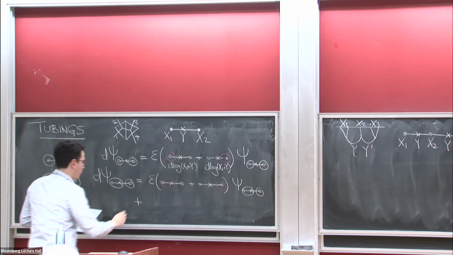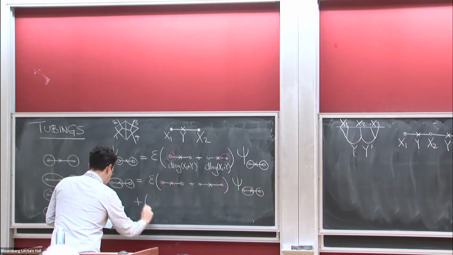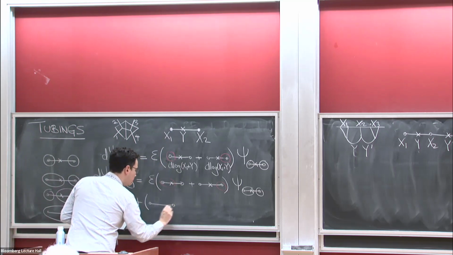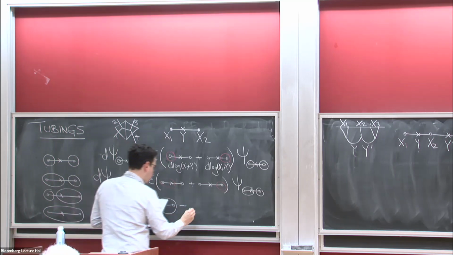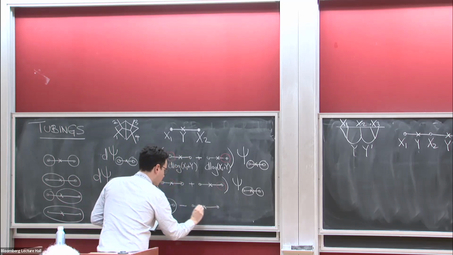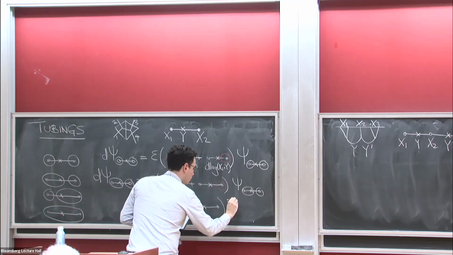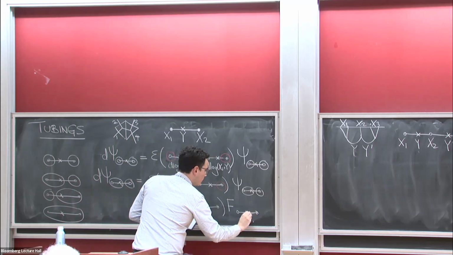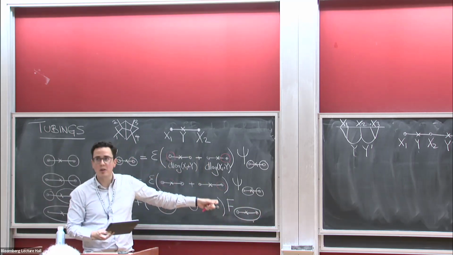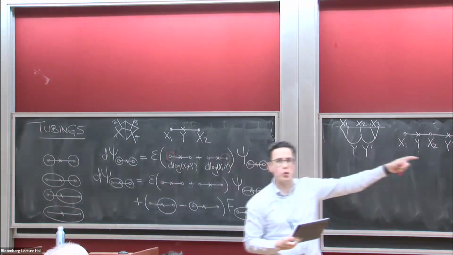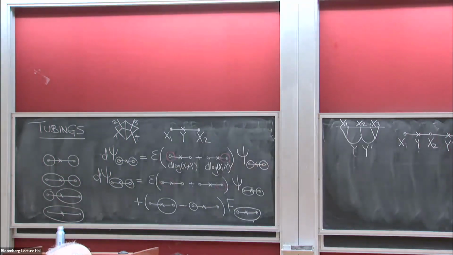Right. Now there will be a new term here, and it looks like this. We call this F because strictly speaking it's not in the wave function, it's related to the fourth choice of sticking in a delta function.